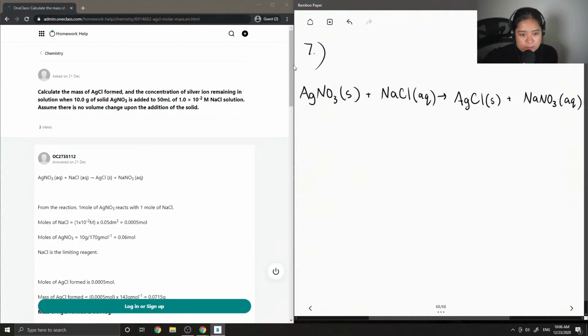Okay, so now let's just make sure that everything is balanced. We have 1 silver on both sides, 1 chlorine on both sides, 1 sodium on both sides, and 1 nitrate ion on both sides as well. So everything happens in a 1-to-1 ratio. Okay, so now I'm just going to write down everything that I know. In the case of the silver nitrate, we have a mass equal to 10 grams.